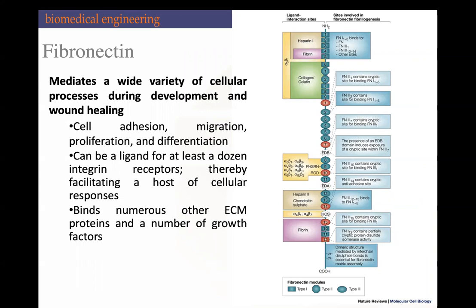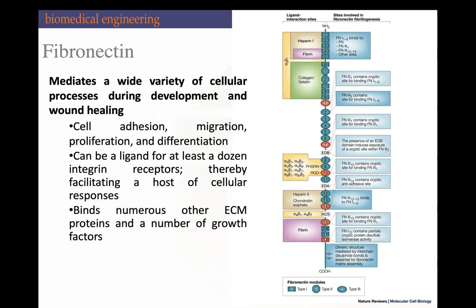The octagonal shapes we call fibronectin type 2, and the oval shapes we call fibronectin type 3. And so moving along from the N terminus down to the C terminus, what we can see is that there are regions that bind to heparin. And again, heparin is a growth factor depot, a growth factor binding GAG that can bind to fibronectin.